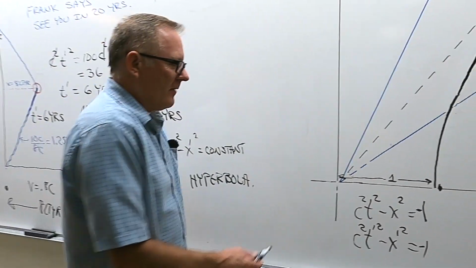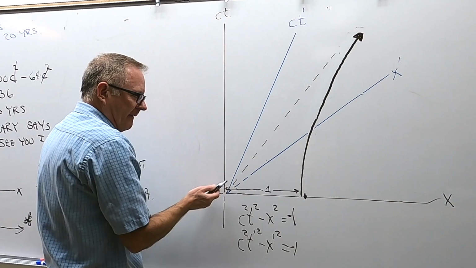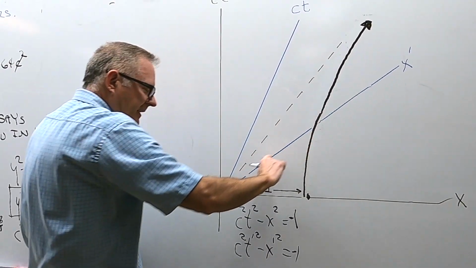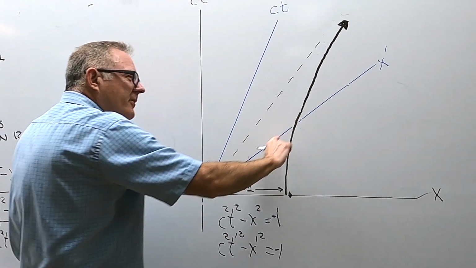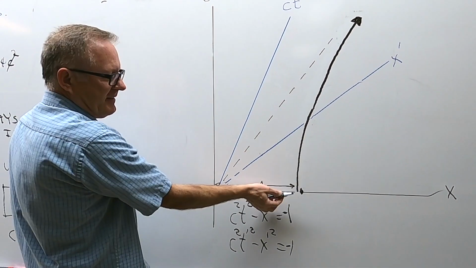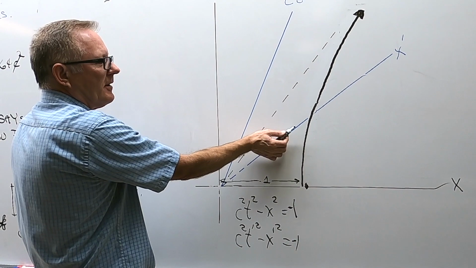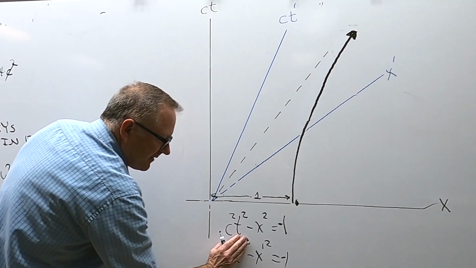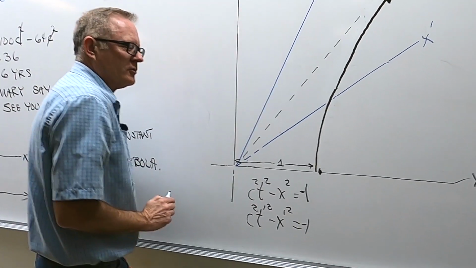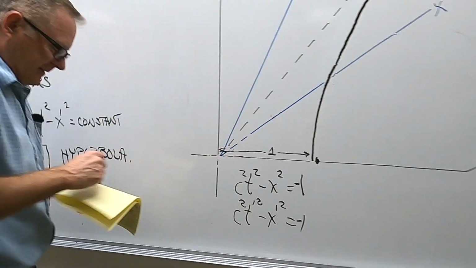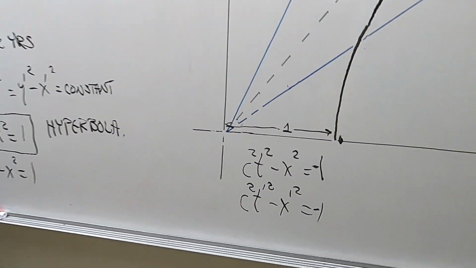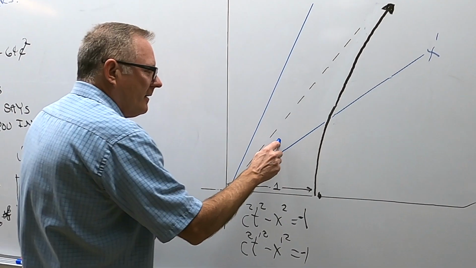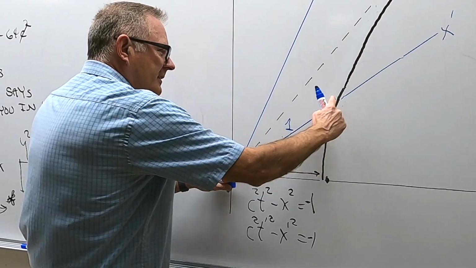Well, what about on this axis? Along this axis, t prime is 0 everywhere, just like t was 0 here, because you're right on the x-axis. So if this is 0, then x prime equals 1. That means this distance is also 1.